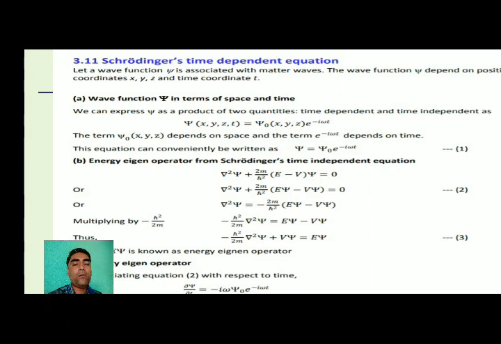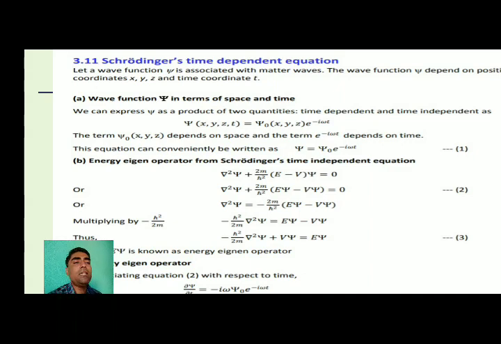The wave function is psi of x, y, z, t equal to psi 0 of x, y, z into e to the power minus i omega t, the beginning step. The simplest form is psi equal to psi 0 e to the power minus i omega t, which is equation 1.